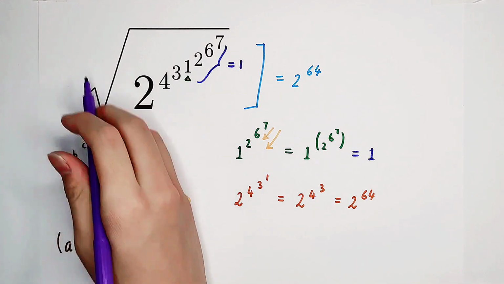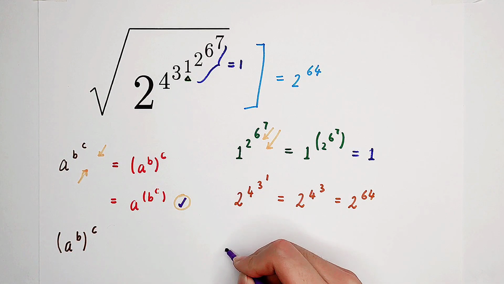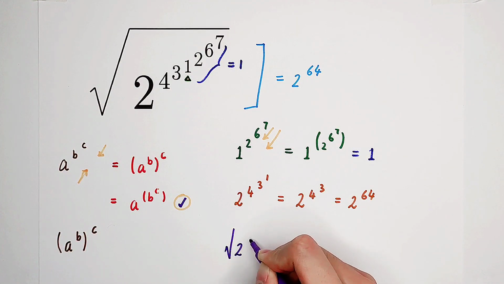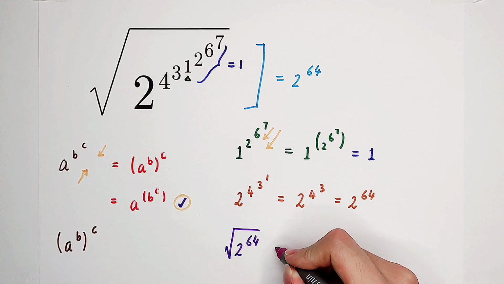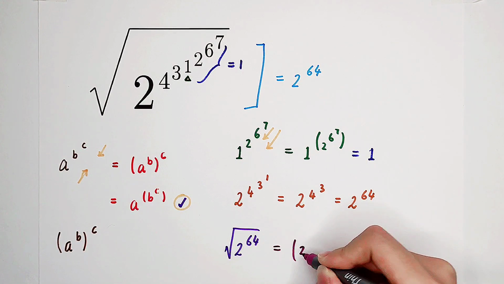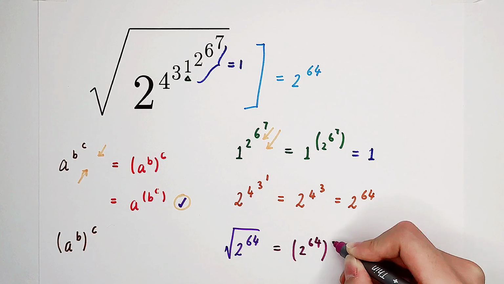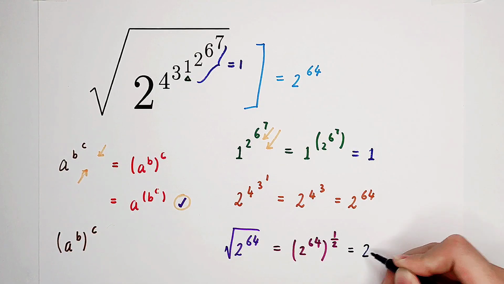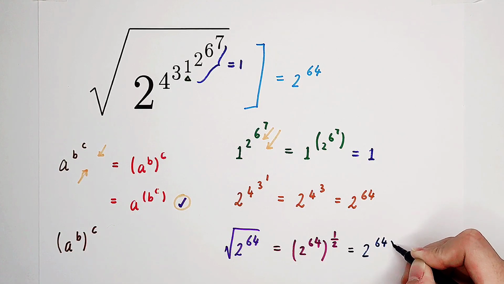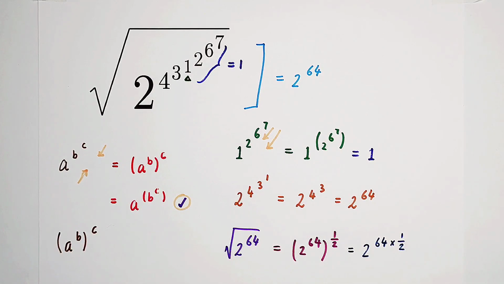We also have a square root. So square root of 2 to the power of 64 is, of course, 2 to the power of 64, then to the power of 1/2. It is 2 to the power of 64 times 1/2. And the answer is 2 to the power of 32.